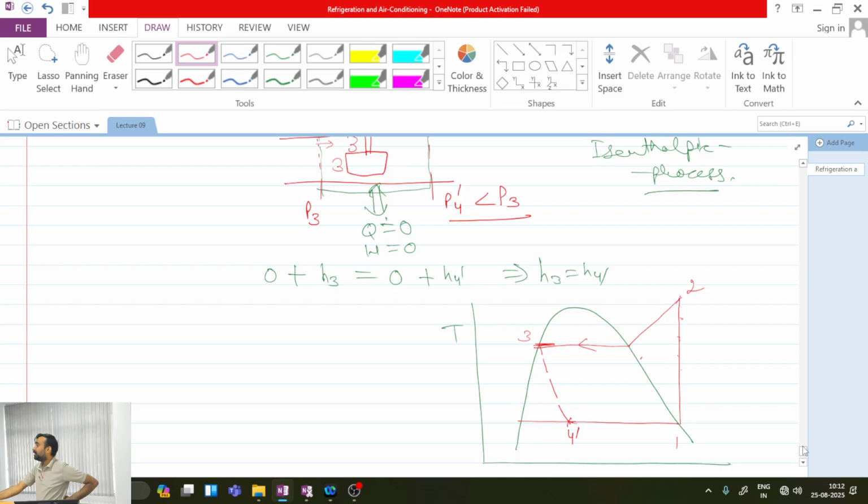Okay, both possibilities. Anyone else? What could be the reason for an increase in temperature? Why will it be increasing? In a throttling process, does temperature always decrease, or can it increase also, or can it remain constant? There are three options. Please tell me.